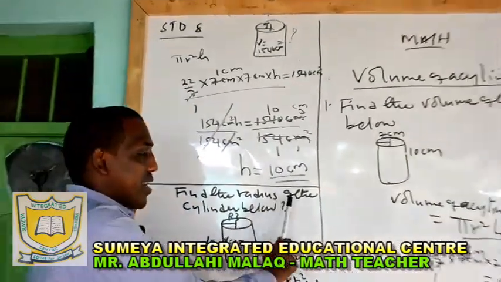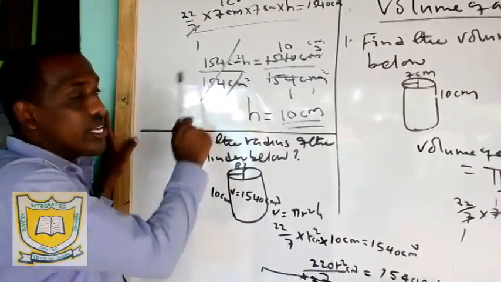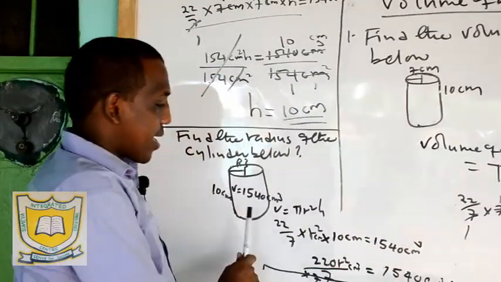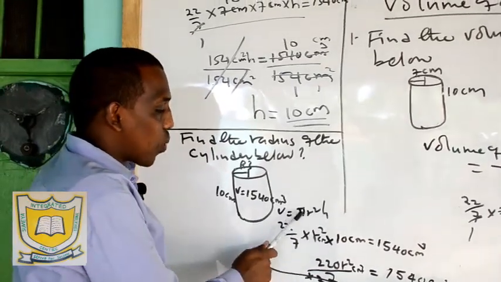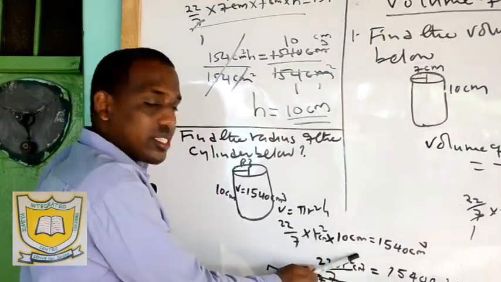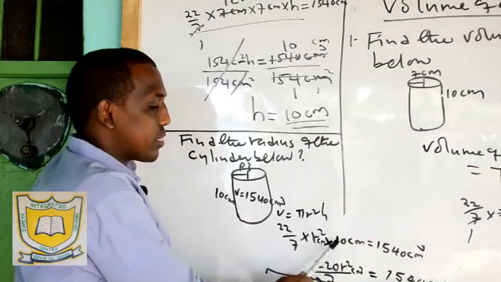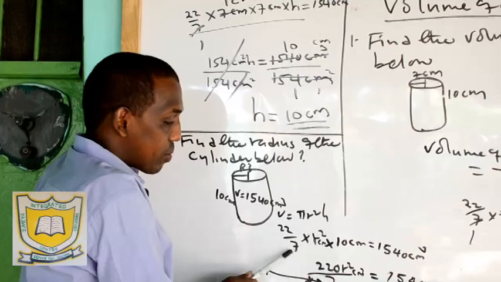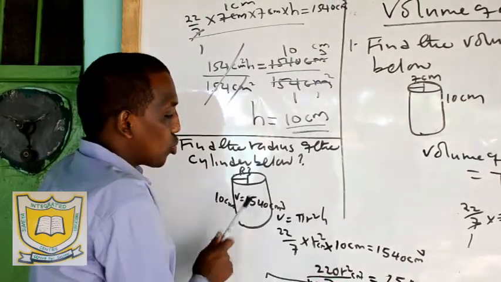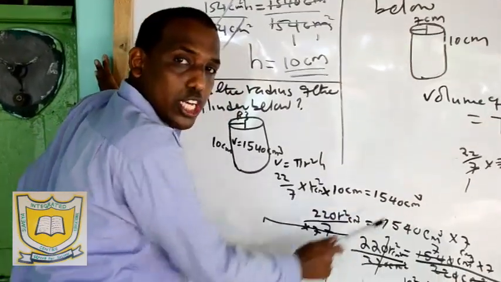You are told to find the radius. Same way we did when we were finding the height. πR squared H. 22 over 7 times R squared, we don't know, times H, 10 centimeter. 22 times 10 times R squared is 220 R squared over 7, the denominator, is equal to total volume 1540 centimeter cubed.